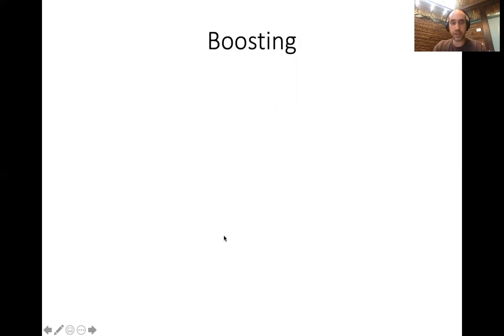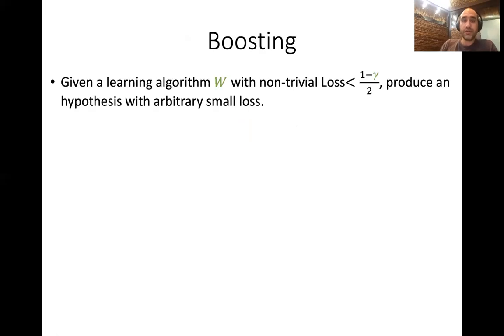Now, boosting is an approach for binary classification in which one assumes oracle access to a weak learning algorithm. This is an algorithm that achieves a non-trivial loss. Given a sample, it outputs a hypothesis that agrees with the target concept on just a little bit, gamma, more than half of the points according to the measure.